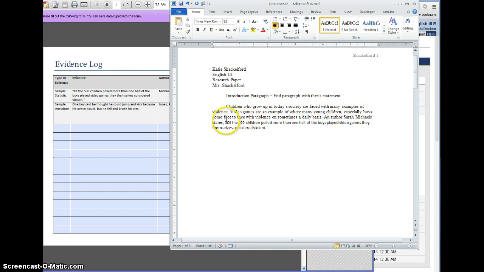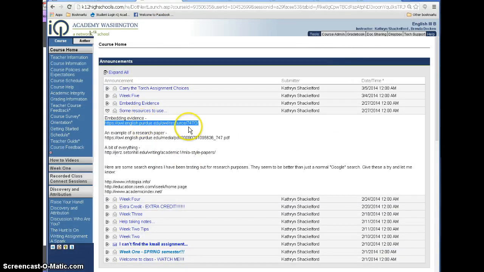Again, remember, you're copying it and pasting it, so you want it in the quotation marks. You can also paraphrase. Since you're not doing it word for word, you wouldn't need the quotation marks, but you still need it to be cited. So you would still in some way need to say an author, Sarah Michaels, or something similar.